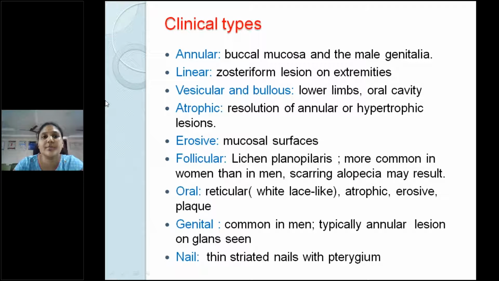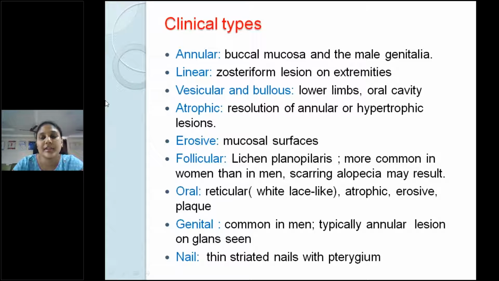Next, atrophic type of lichen planus. After resolution of annular or hypertrophic lesions, you can see atrophy. And there is erosive. This erosive lichen planus is seen in the oral cavity. And next, follicular lichen planus, also called lichen planopilaris. This is more common in women than men.